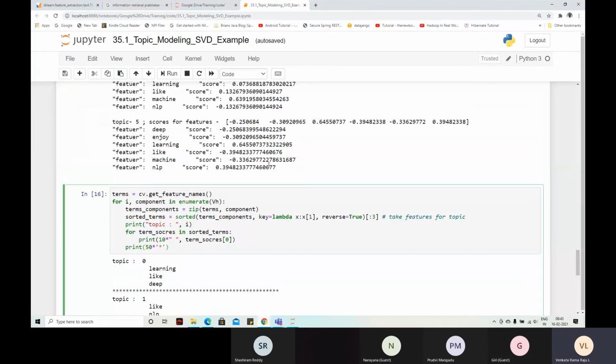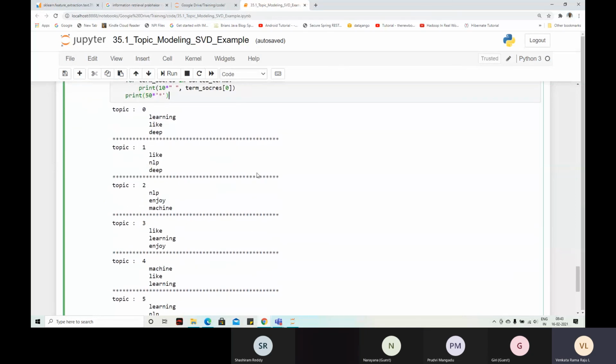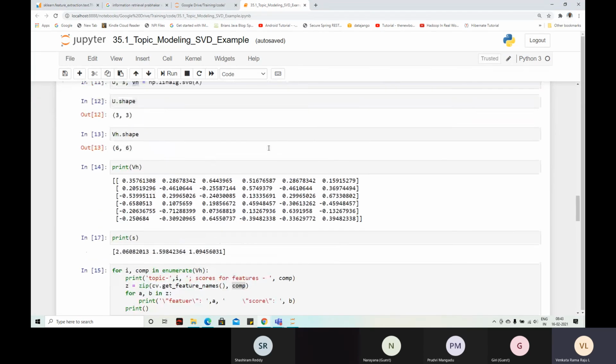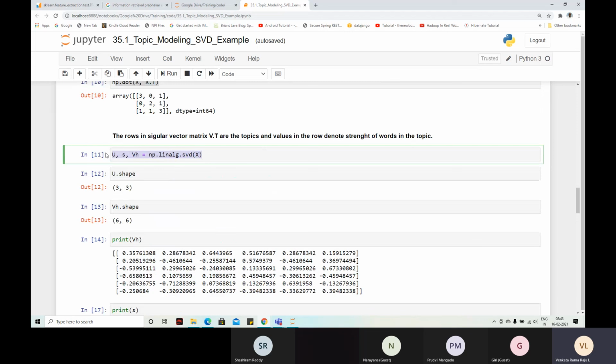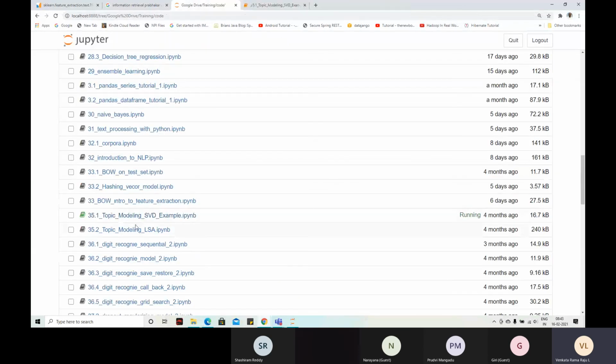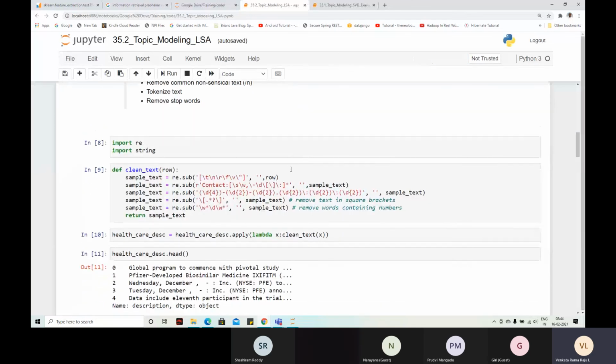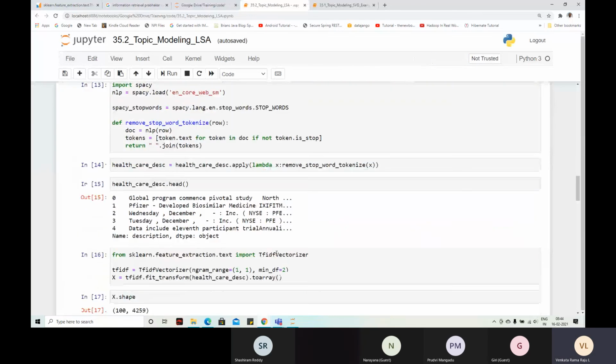So this is a simple example. When you take a bigger data set and work with it, it will be better. But when you apply SVD on a big data set, memory issues may come. I think for topic modeling, LSA will use partial SVD.